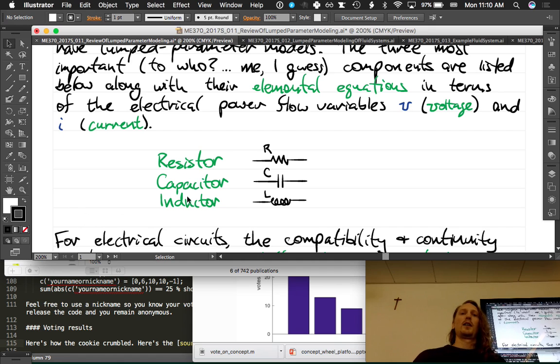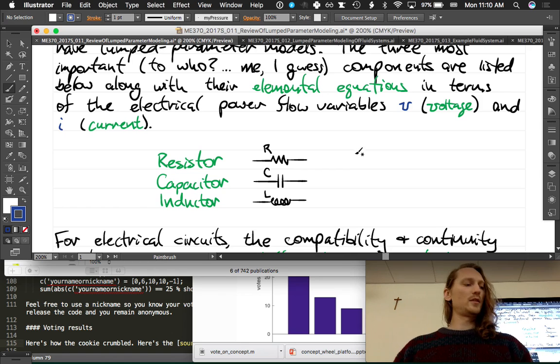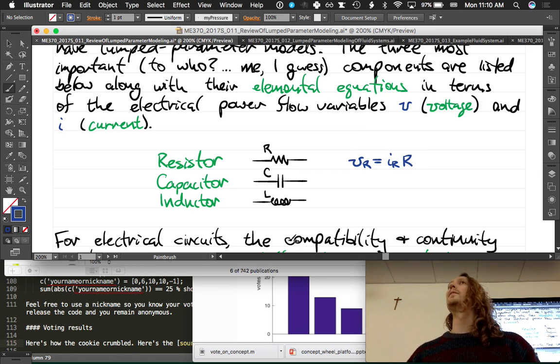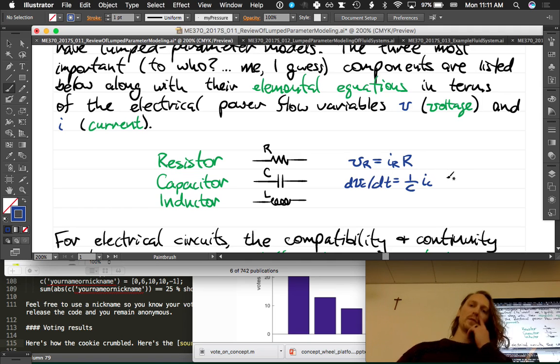Okay, so resistor has an elemental equation. Do you guys remember? Yeah, so VR equals IR times R. So Ohm's law, right? And then the capacitor has dVc dt equals 1 over C IC.